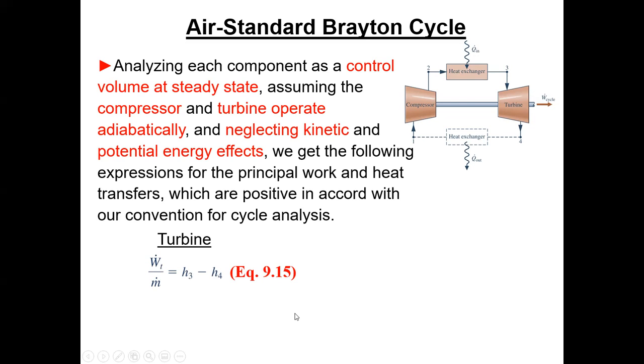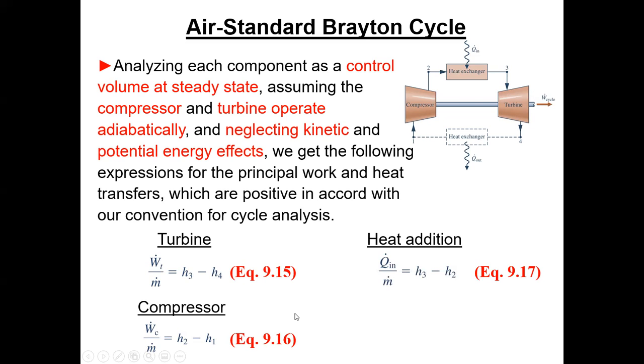The turbine work is the enthalpy difference across it per unit mass through it. The compressor work is the enthalpy difference across it. The heat addition is the enthalpy difference across it. And the heat rejection is the enthalpy difference across it. So it shouldn't be too hard to come up with the equations.